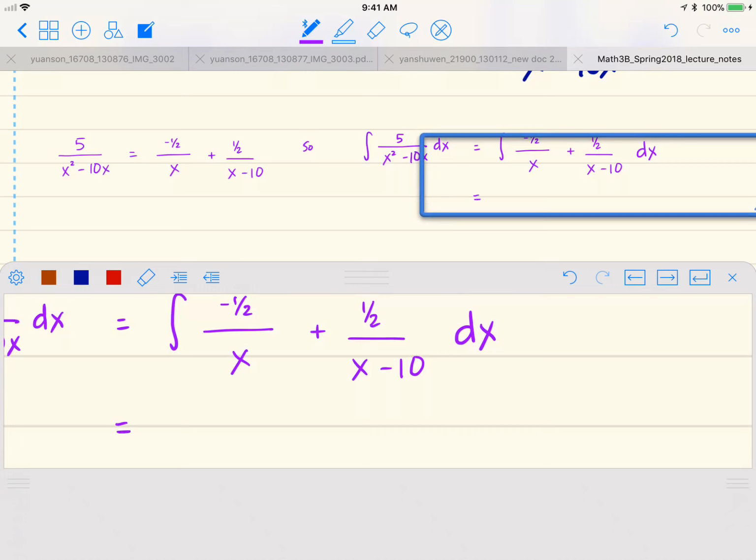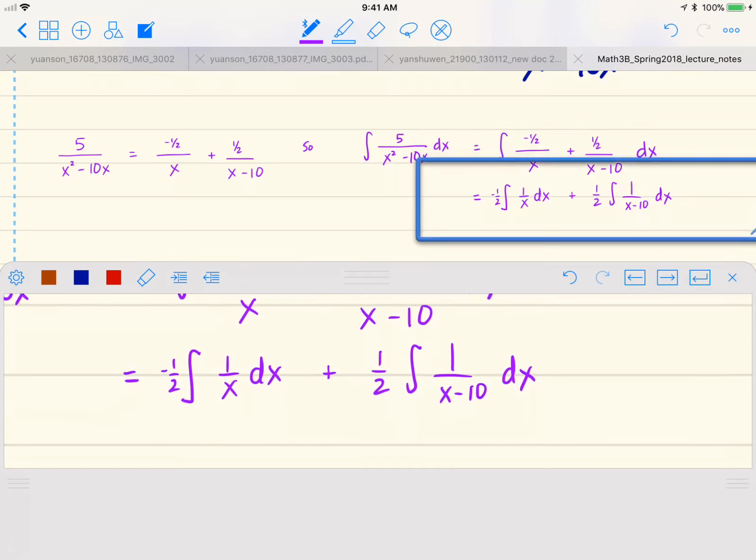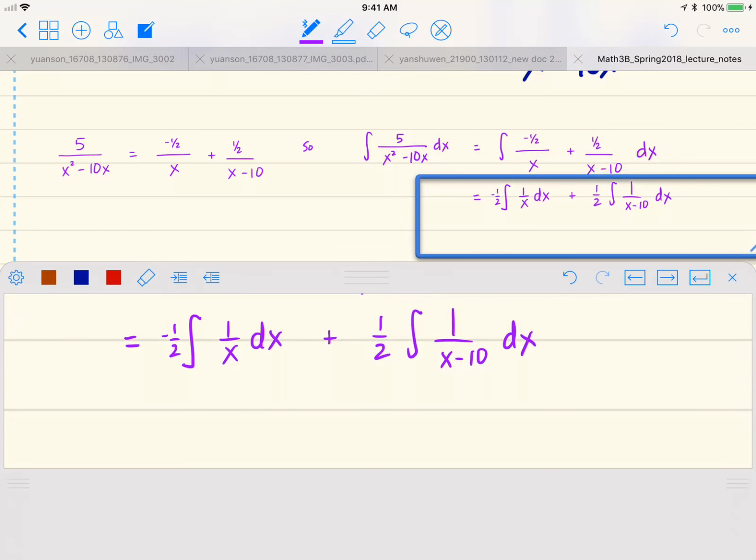And I'll get that this is equal to, first I'm going to split it up. Negative 1/2, and then I'll have 1 over x dx, plus 1/2 the integral of 1 over x minus 10 dx. So I kind of combined both steps there.